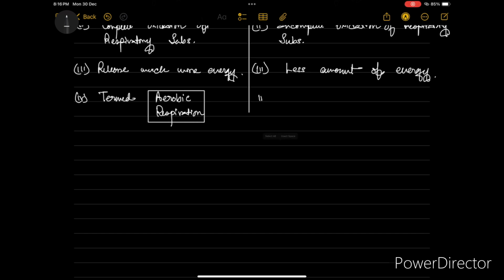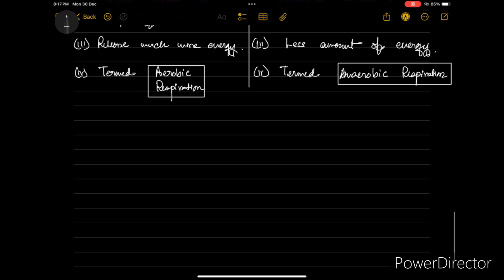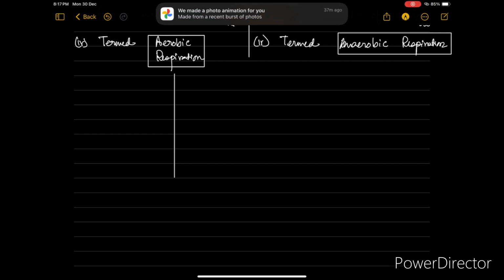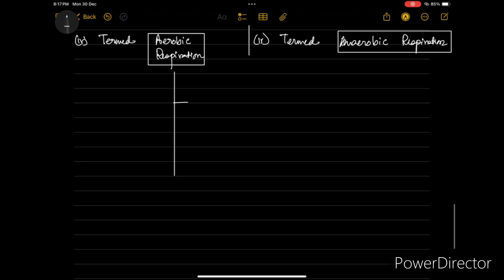And as complete respiration occurs in the presence of O2, it is also termed aerobic respiration, whereas incomplete respiration is generally referred to as anaerobic respiration. Now, aerobic respiration includes three different steps.